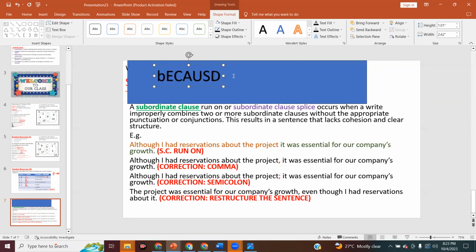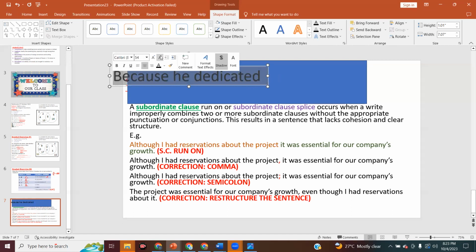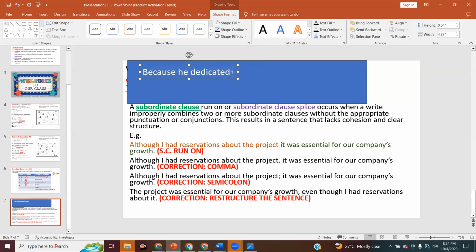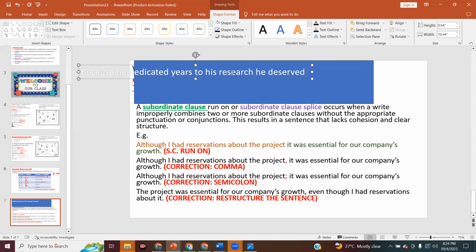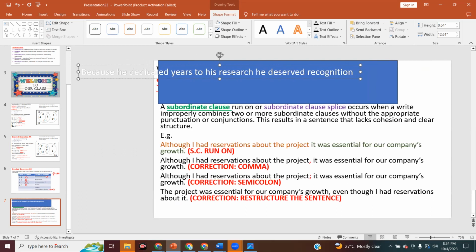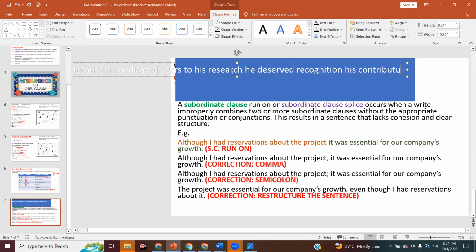So because he dedicated years to his research, he deserved recognition. His contributions were significant.